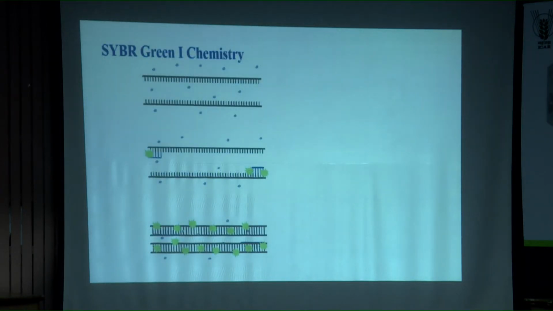Let's see what exactly is happening here. What is your template? Just imagine your PCR mix. What is PCR mix after all? You have water, you have buffer, right? You have magnesium chloride, dNTPs, primers, right? You have enzyme and template, correct? So what is the status of the template here?